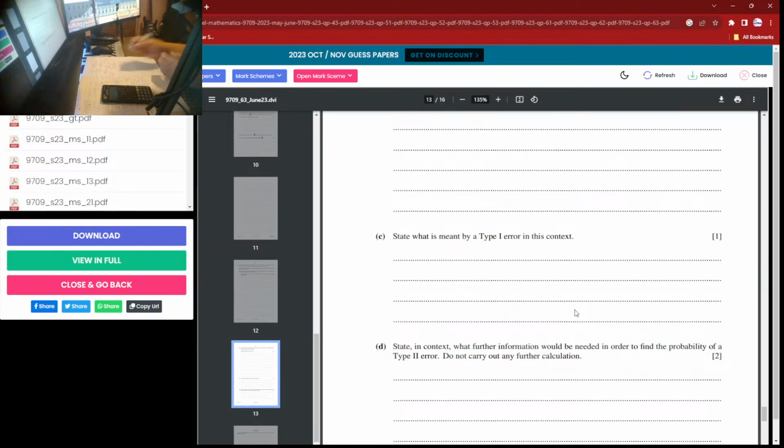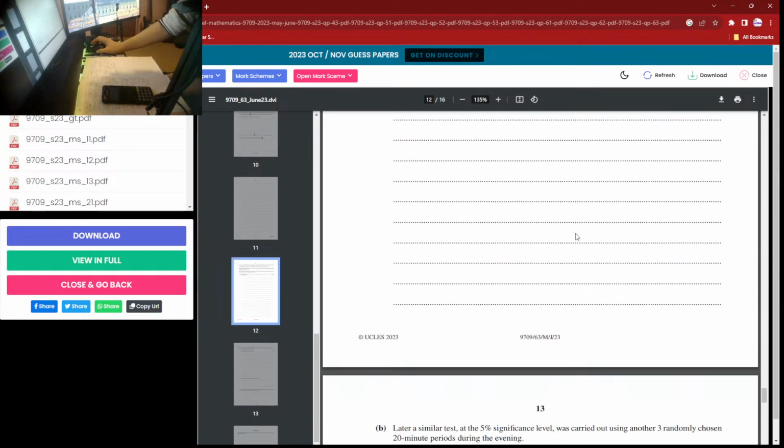State what is meant by type 1 error. Conclude more, but in reality no change, or just not more. Next, state in context what further information will be needed in order to find the probability of a type 2 error.